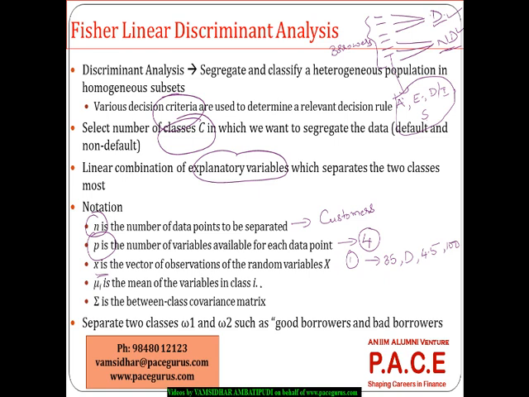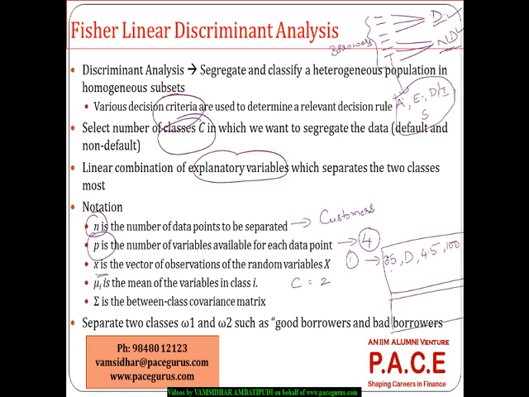And let's say we are dividing the whole data into two classes. So the C for me is 2. And I'm trying to find mu i as the mean of the variables. So if I'm looking at the mean of the variables in class i, the default is one class, no default is the other class.